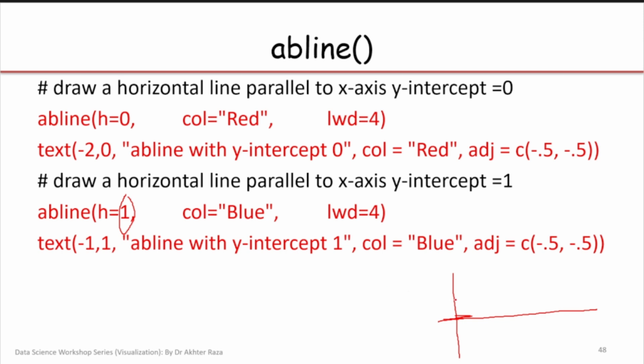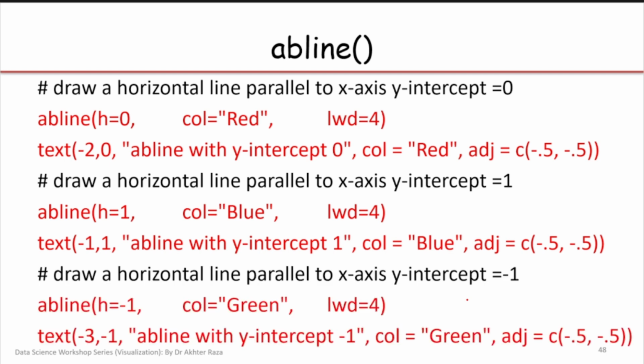Y value 1 is this, so the second line will be drawn here. And this is a blue line, not a red line. A text, AB line with y-intercept is equal to 1, will be written because the value of the y-intercept is 1 here. The color of the text is blue, and the blue text will be written over there with the same adjustment.